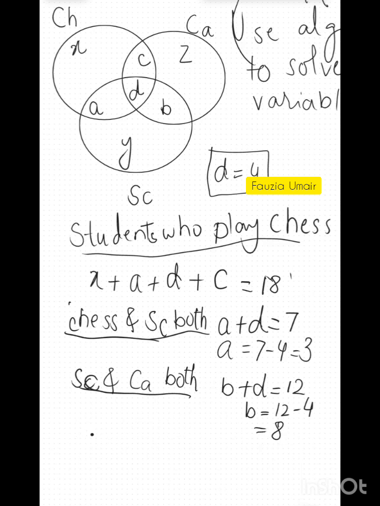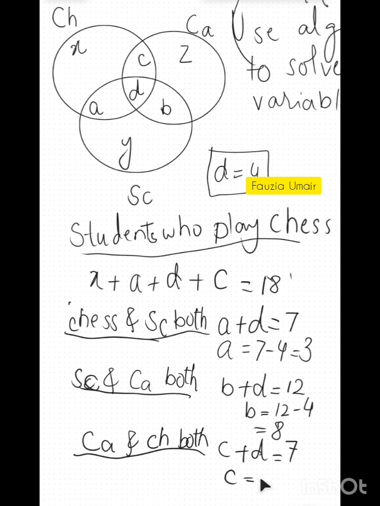Using a similar method, I will now write the third equation, for students who play carom and chess both. C plus D are the students who play chess and carom both. So C plus D is equal to 7. If you put the value of D, C would be 7 minus 4, equal to 3.